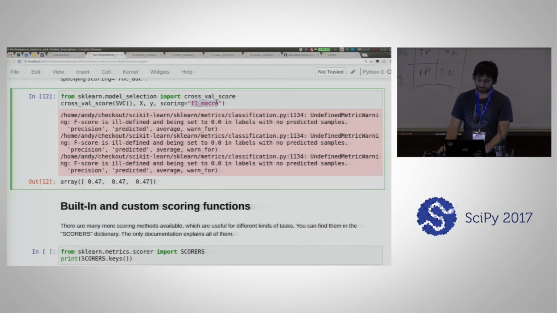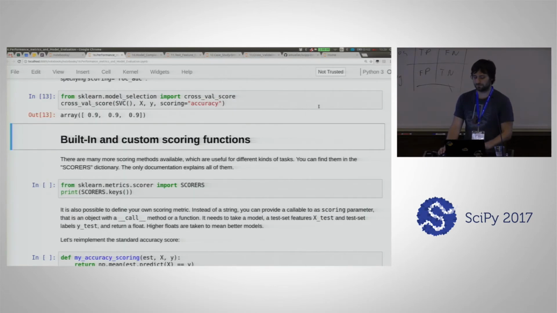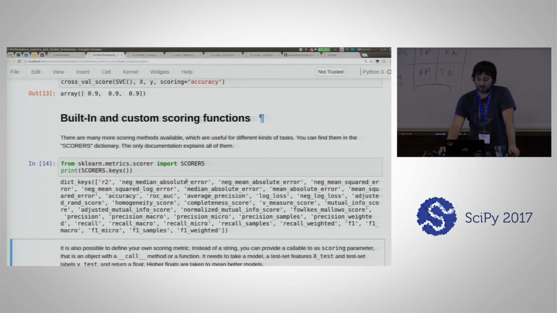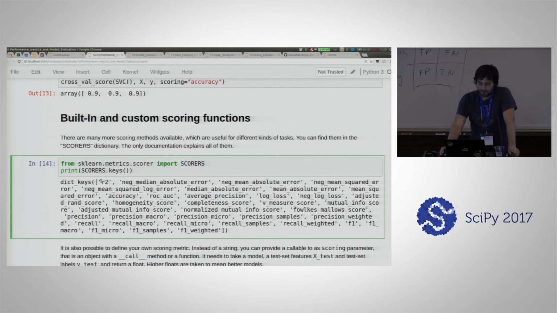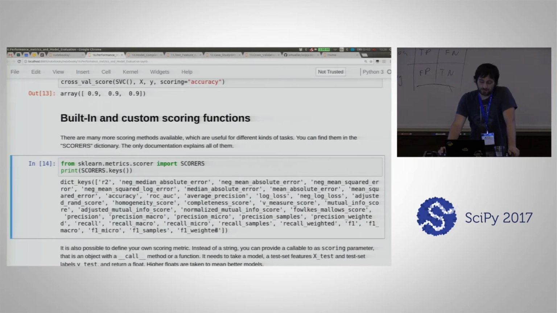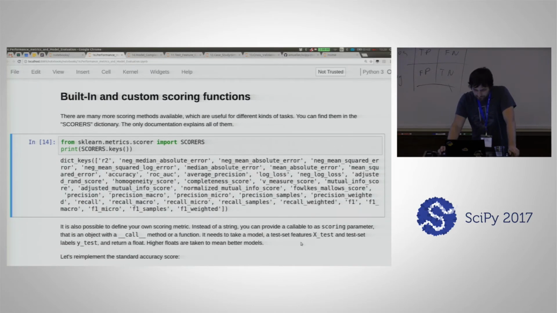If I put in accuracy, this is the default. You can look on the website, there are all the different options explained. You can also look in this built-in scorers dictionary. These are all the scores. Some of them are for classification, some for regression, some for clustering. There's a lot.